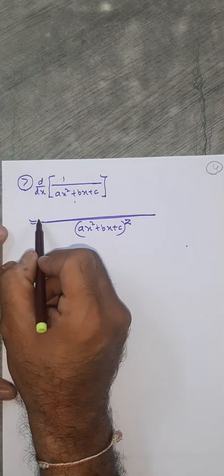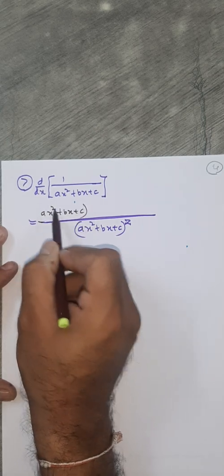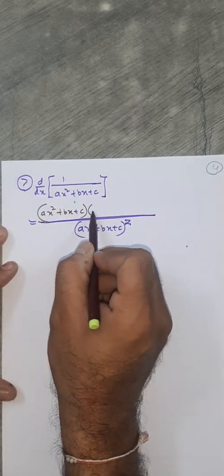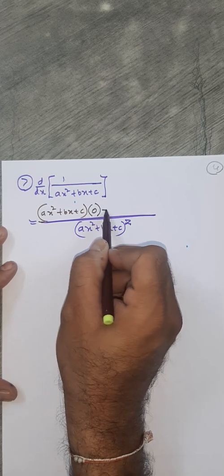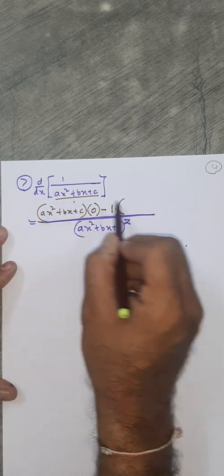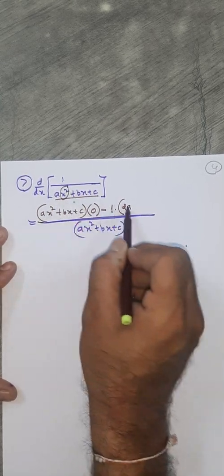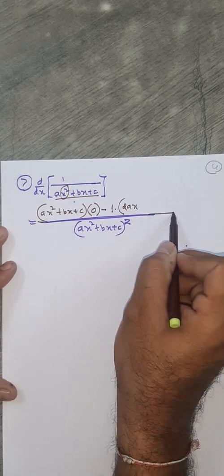Now what about the numerator? ax square plus bx plus c as it is. Differentiation of 1, being constant, alone is 0. Minus, now 1 as it is. Differentiation of this one, what is that? a as it is, differentiation of x square is 2x.